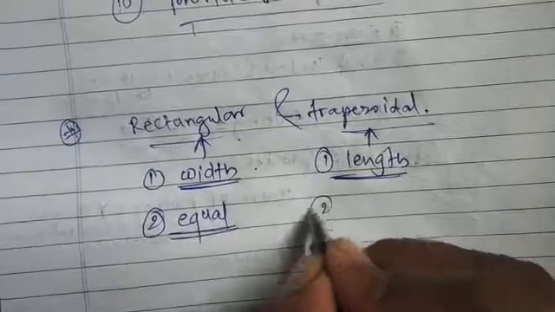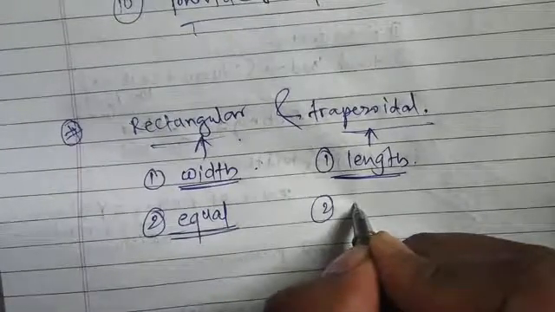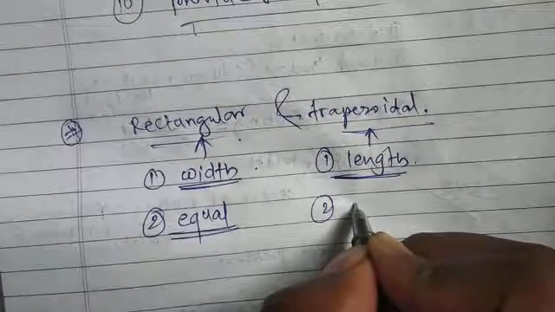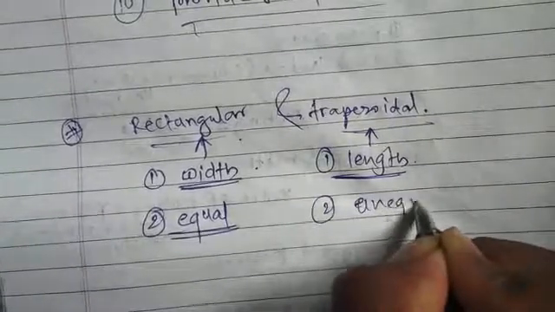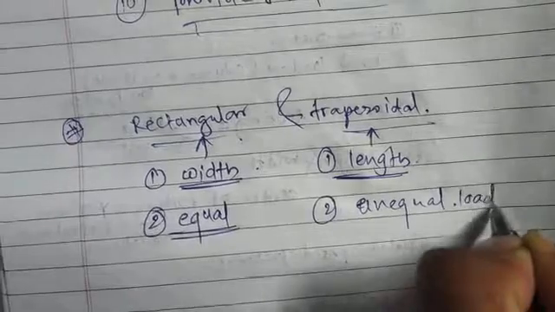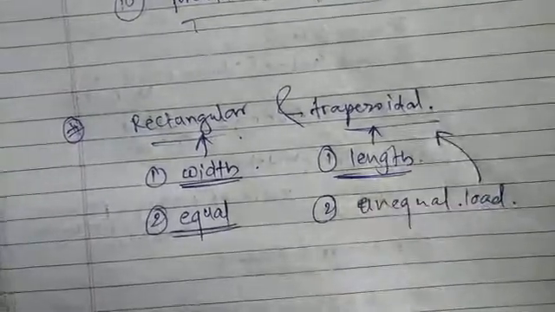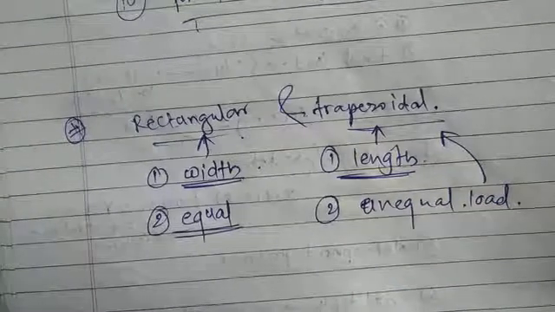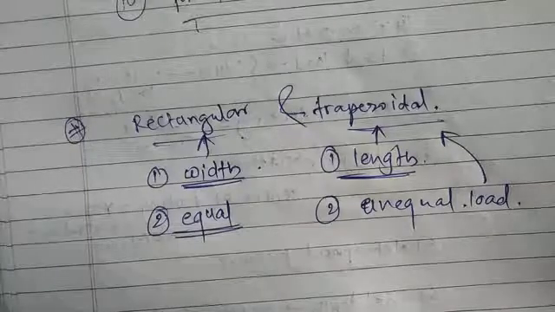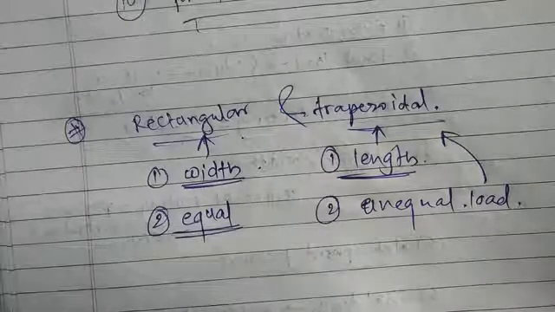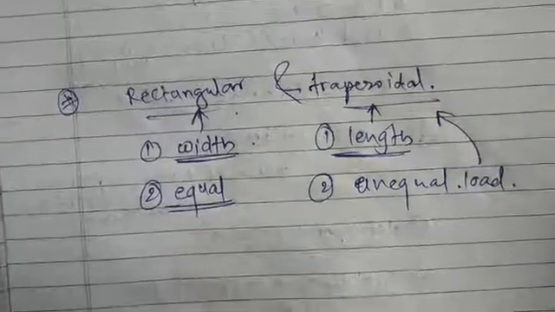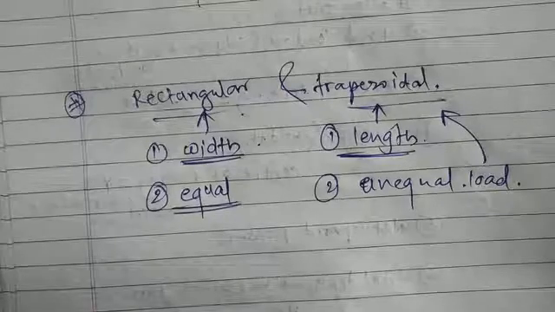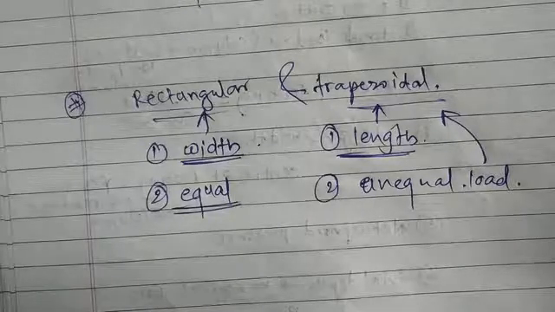And if a major difference is given between two loads of column, then we should design it according to the trapezoidal footing. So these are the main criteria on which we may decide which footing we should prefer. Okay, so this is the criteria for selection of type of combined footing under different conditions.